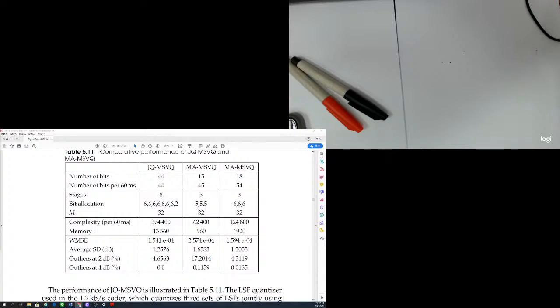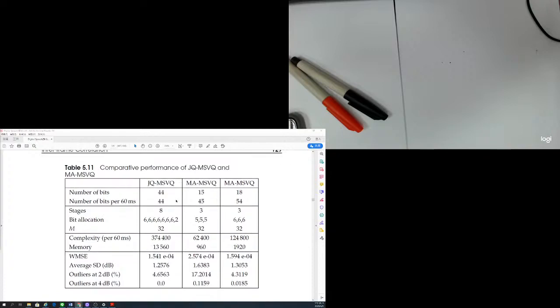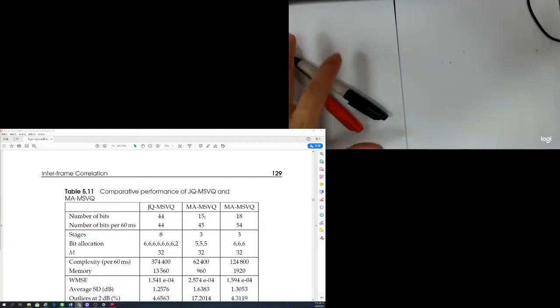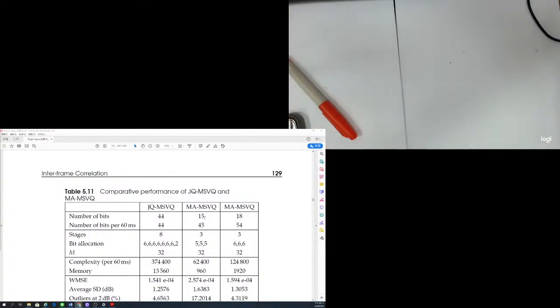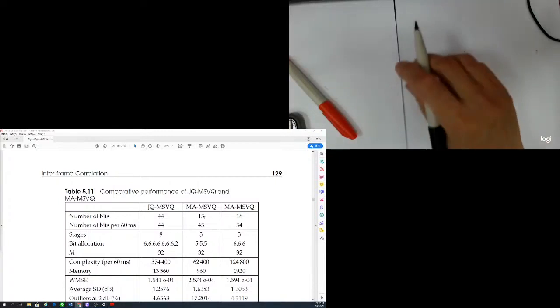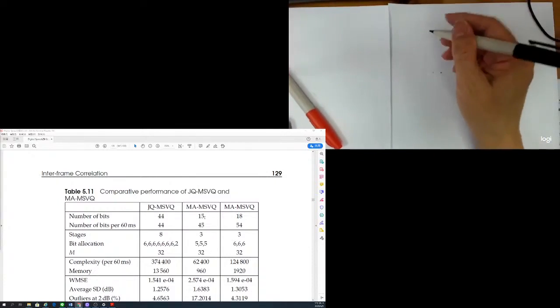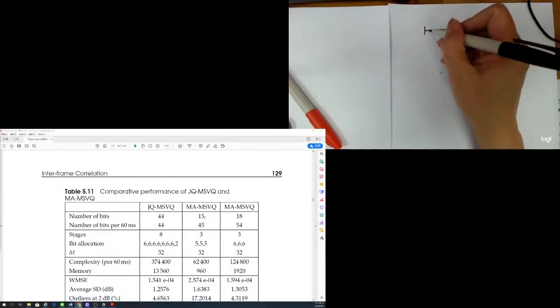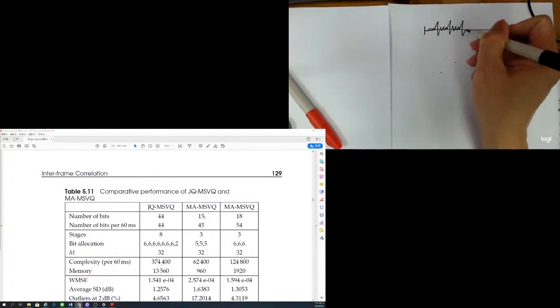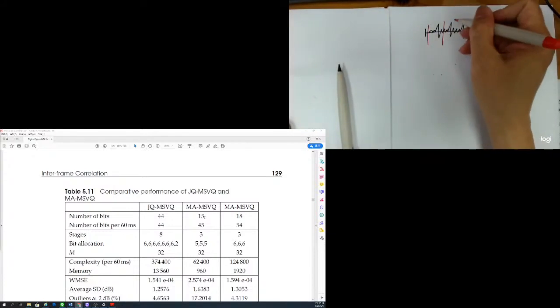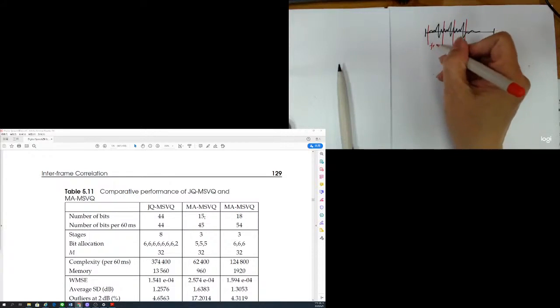You can see the number of bits per 60 milliseconds, the complexity, and the moving average. Here, what they try to say is, if we have speech frames, we partition them into three frames.